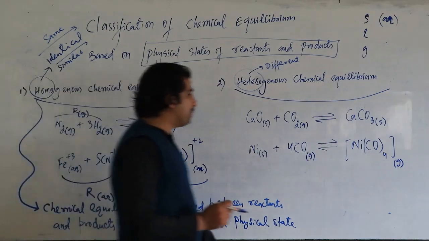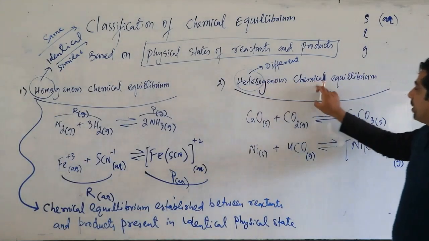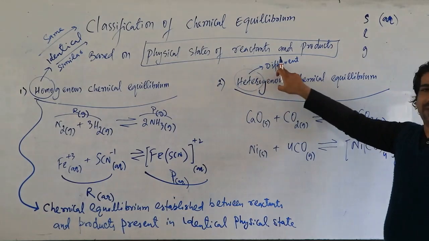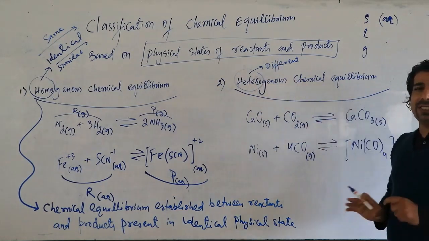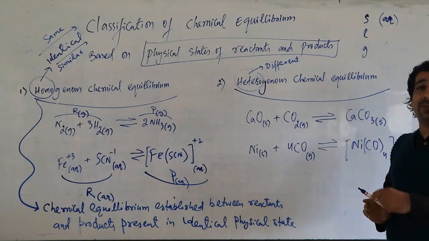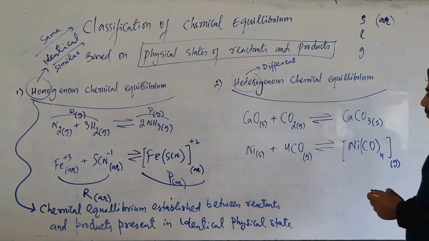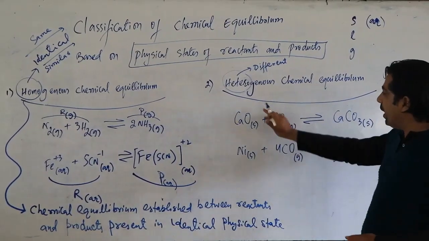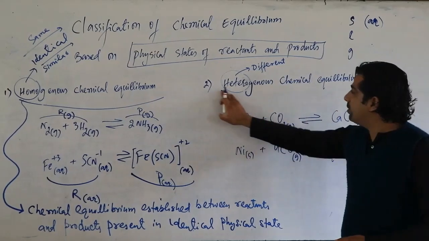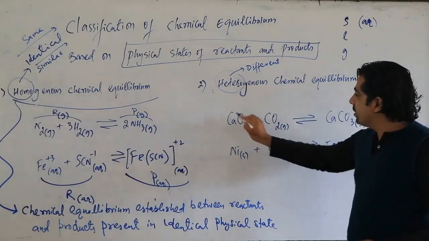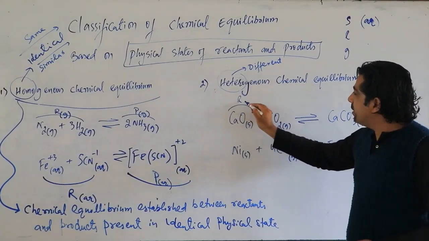Let us come to the heterogeneous chemical equilibrium. Hetero basically means different. So here the physical state of reactants and products will be different. Now look at the first example, we have the reactants here, my dear friends. The first reactant is in solid state.